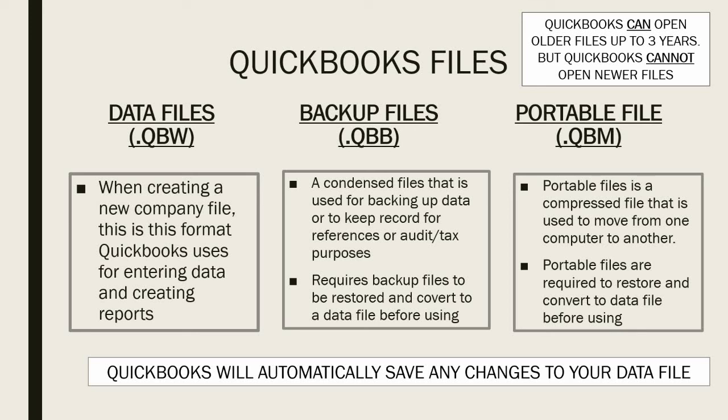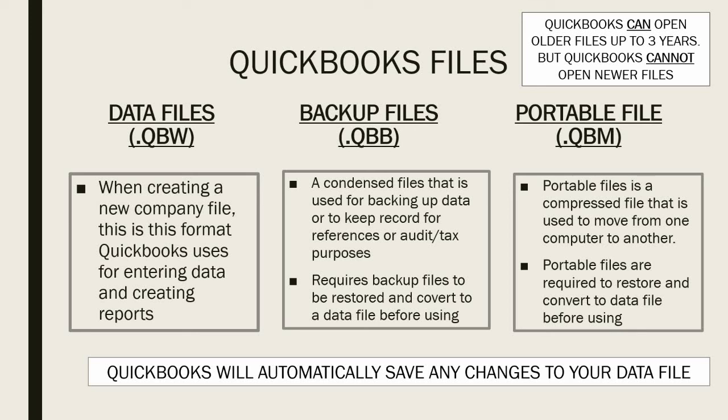But the idea here is when you restore it, you're basically creating a new working data file for you to be able to enter your transactions from there, okay? Same thing with a portable file, except the difference between a backup and a portable file is going to be the size of the file, okay?